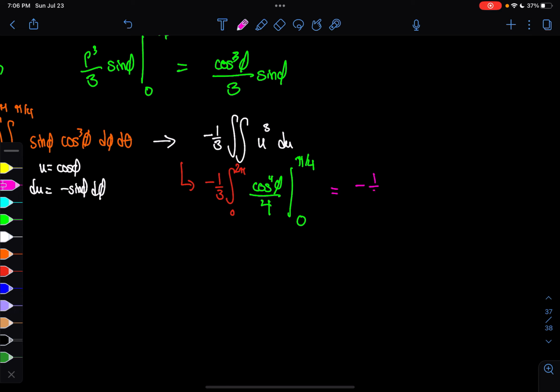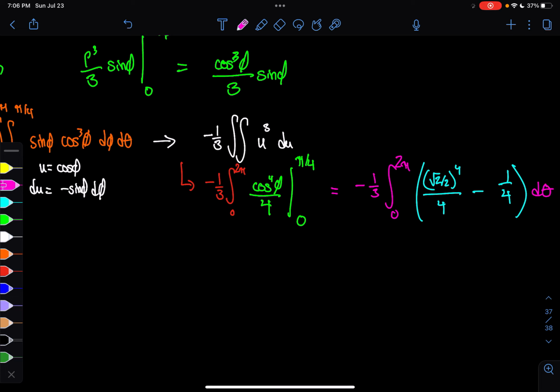So this is negative 1/3 integral 0 to 2 pi. Maybe I'll put a big parentheses here, and we'll get root 2 over 2 raised to the 4th over 4 minus, and if I put in 0, I'll get 1, so I'll just get 1/4. And then, of course, we have left over at the very end our d theta.